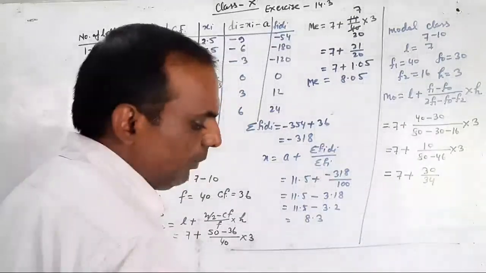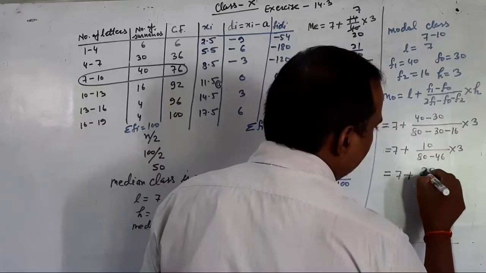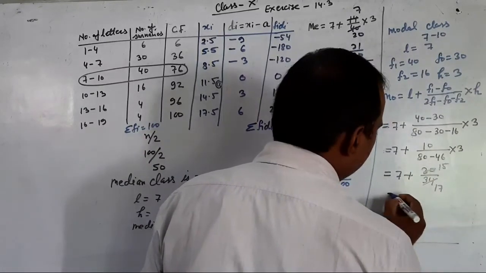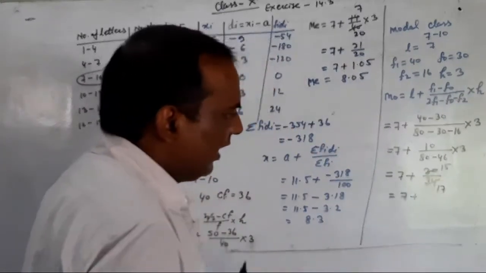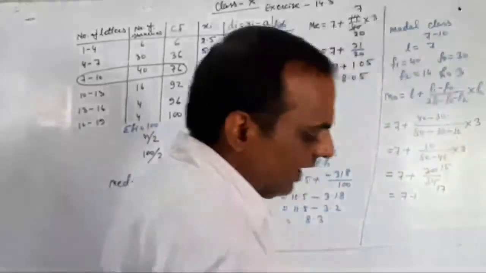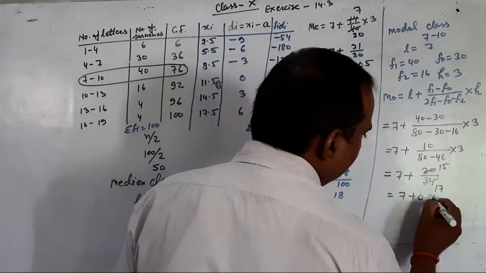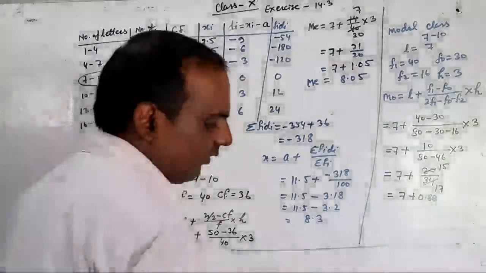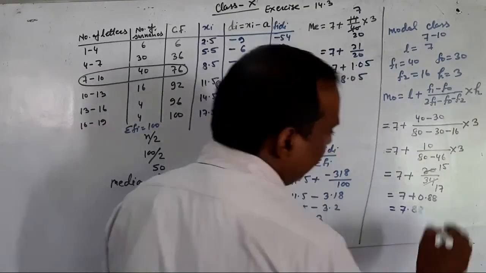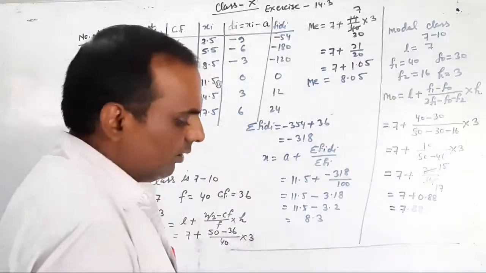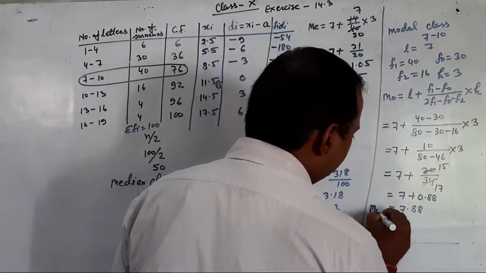Now we have to simplify here by 2: 2 15s are 30 and 2 17s are 34. It means 7 plus 15 by 17, that is, we have to divide 15 by 17. So here we will get 0.88 and the sum will be 7.88.